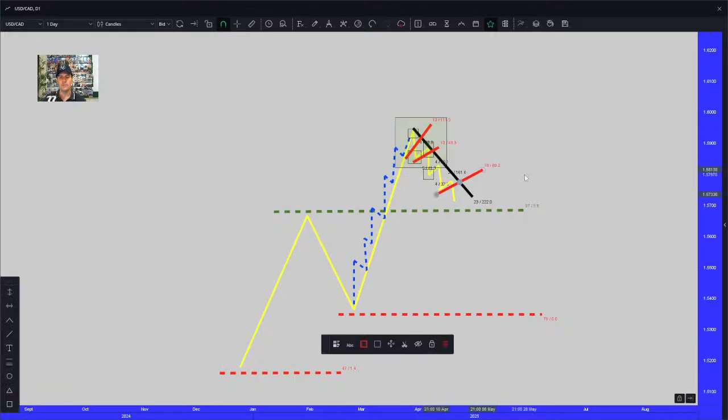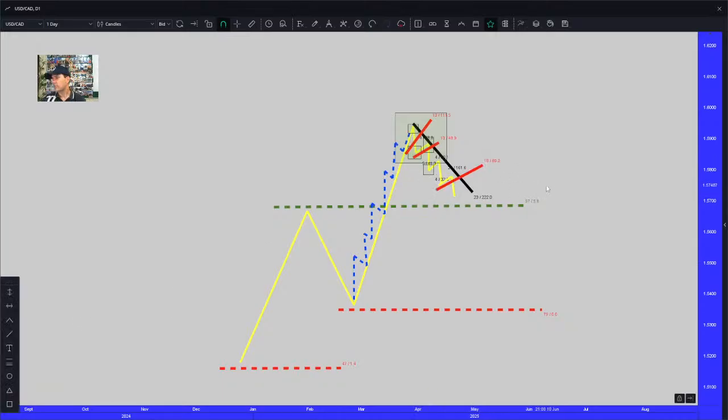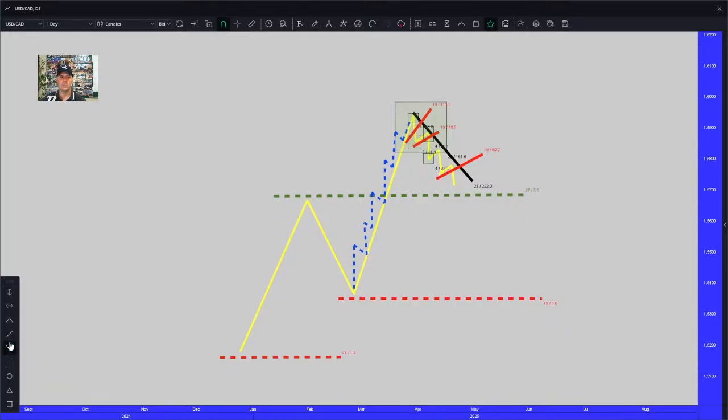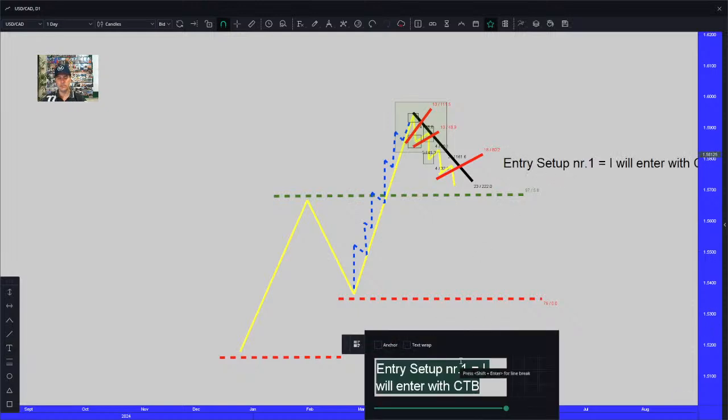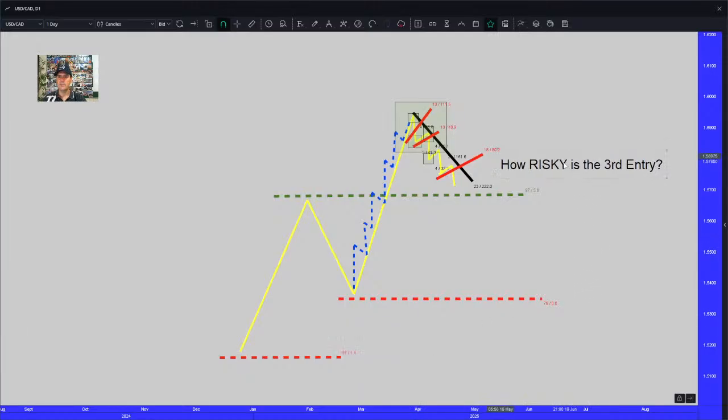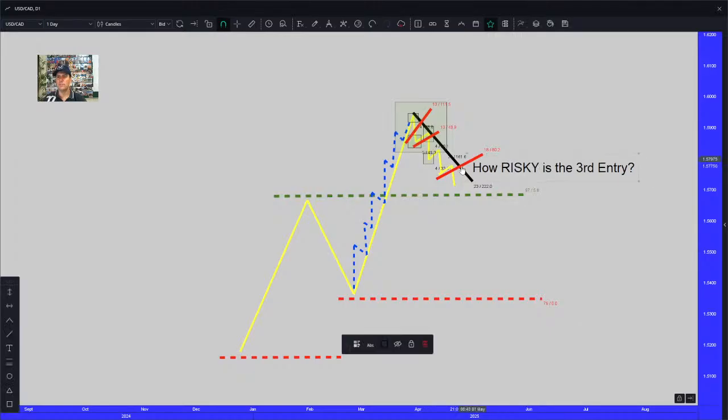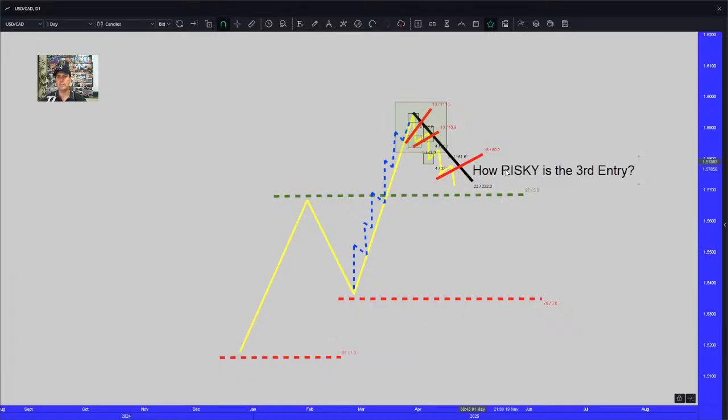So, hedge fund trader Olga and hedge fund trader Alex, what do you think in terms of risk? How risky is the third entry? Everybody, how risky is the third entry? Is this a risky trade to short the market in here?